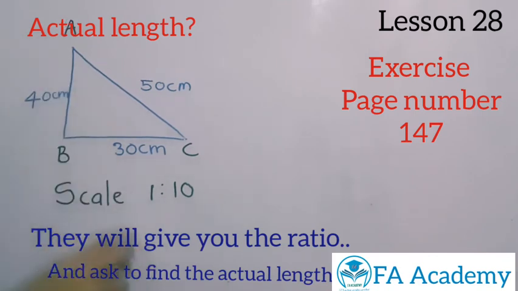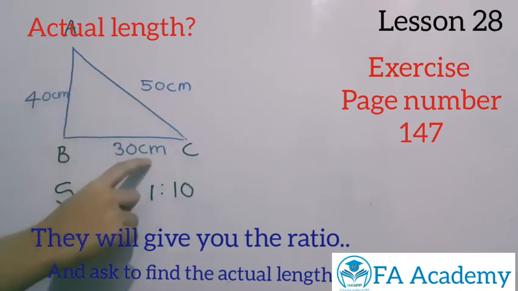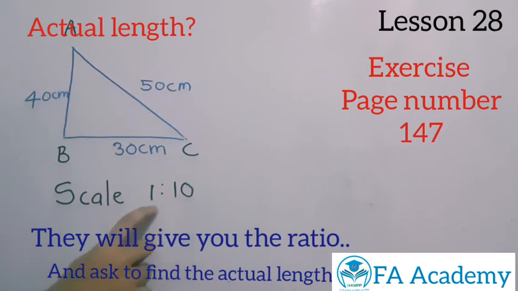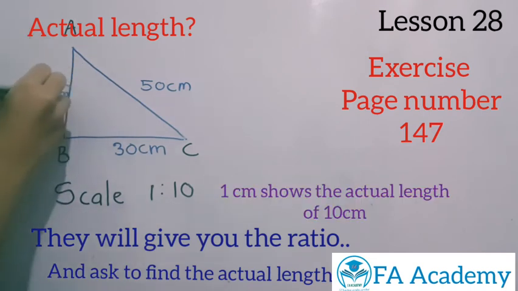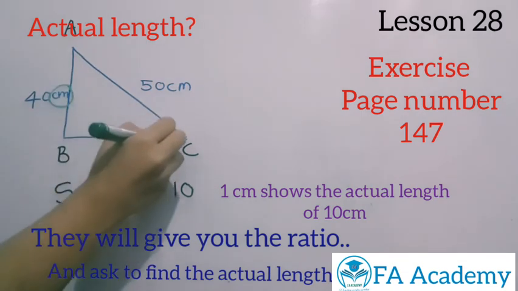Since they have taken centimeters here, that means they are giving the ratio also in centimeters. The ratio will be taken according to the unit which is given in the scale diagram. So here they have given centimeter, so that's why inside the ratio also the values are in centimeters.